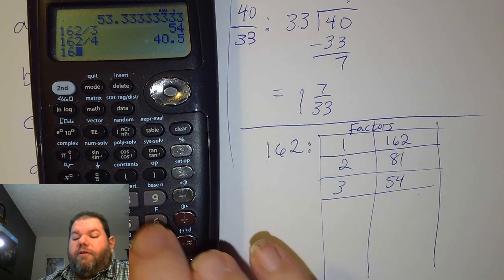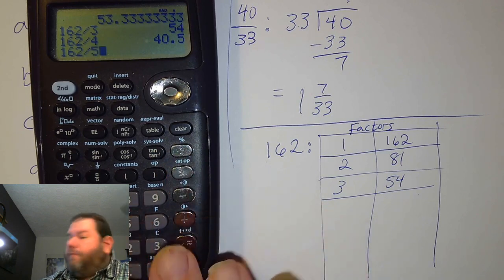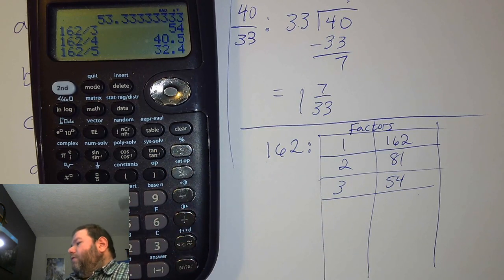Clearly 5 is not a factor of this number. But if our number ends in a 5 or a 0, then 5 must be a factor. Exactly.